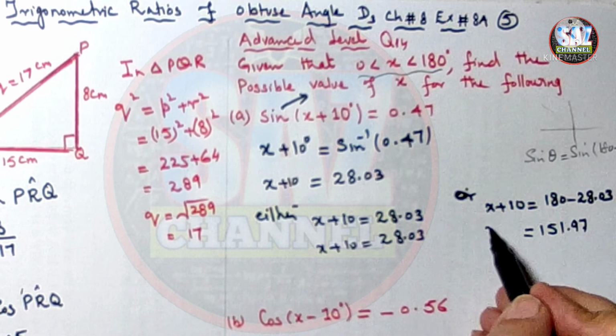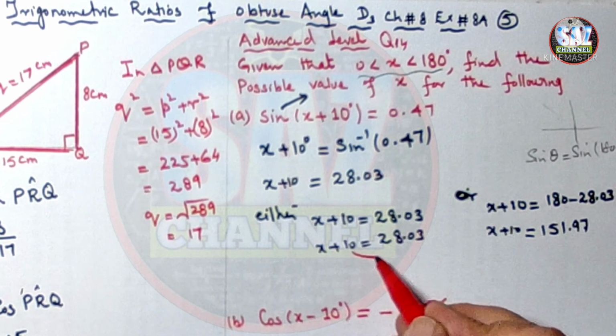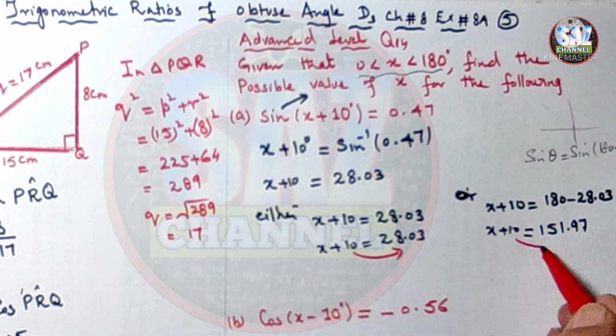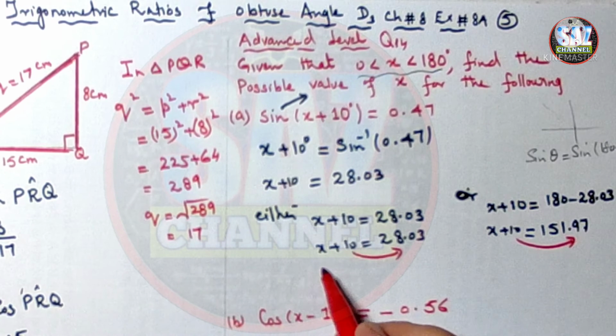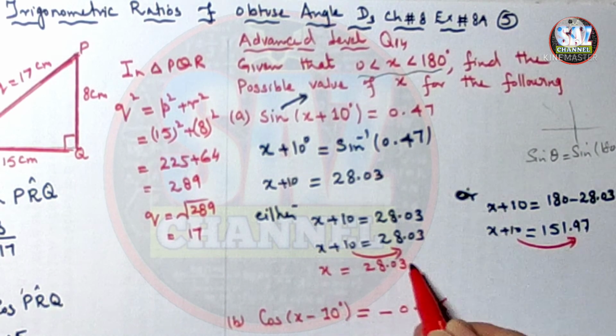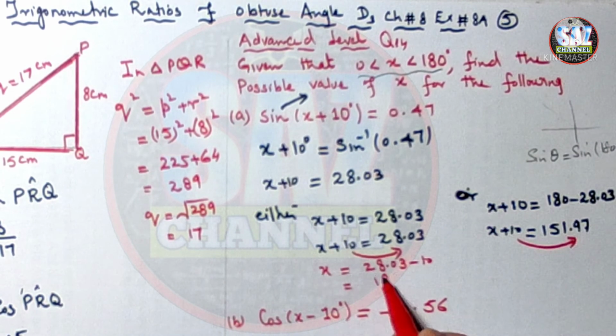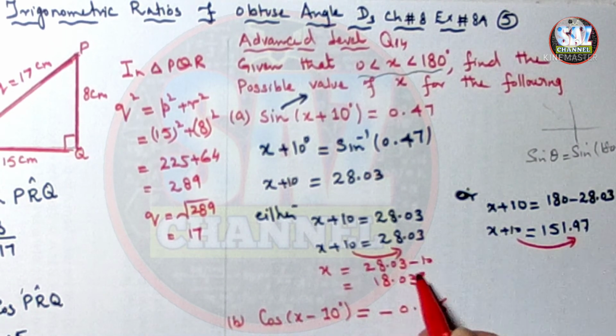Now, in order to get the value of x, we have to shift 10 to the other side. So the equation will take the form x equals 28.03 minus 10, and this gives me 18.03 degrees.